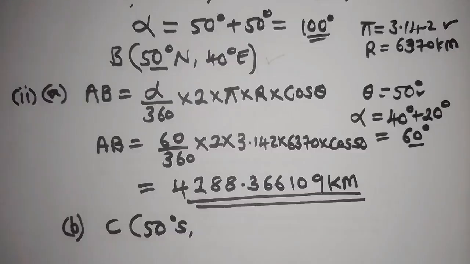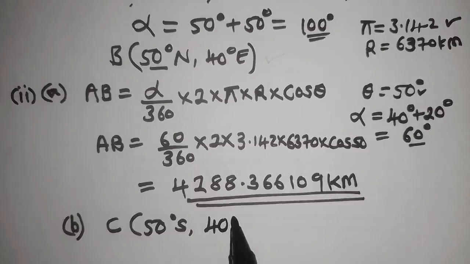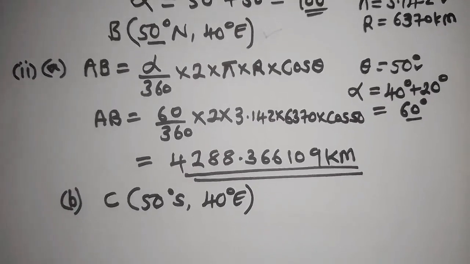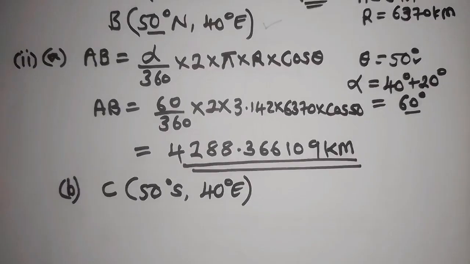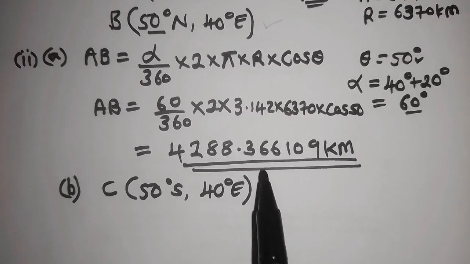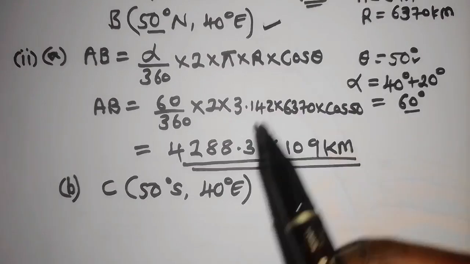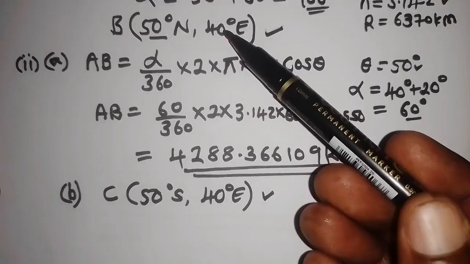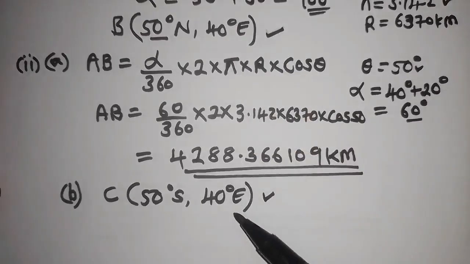So that is 40 degrees east. Okay. Now that we have the coordinates, they are looking at along the longitude. So longitude 40. So we are looking at B and C. So what is the same is 40 east, 40 east.